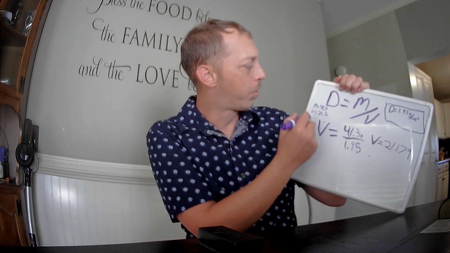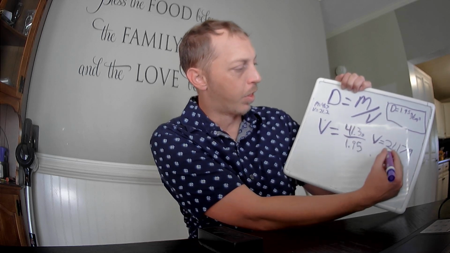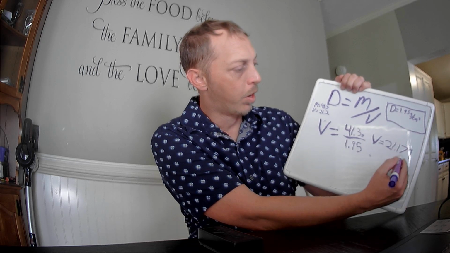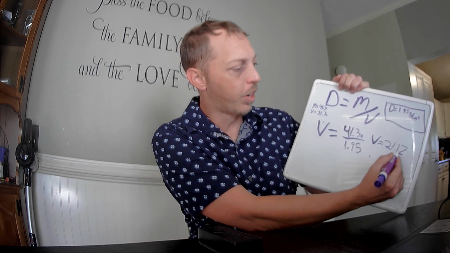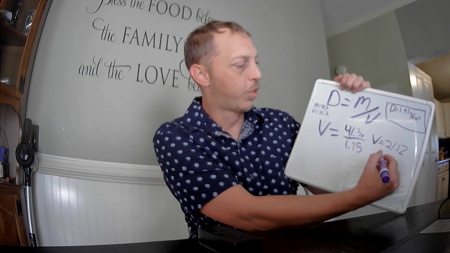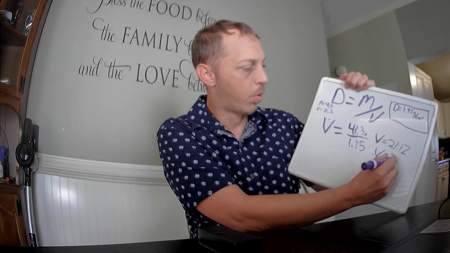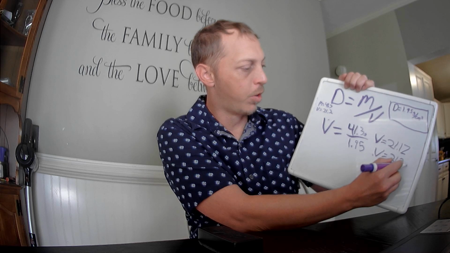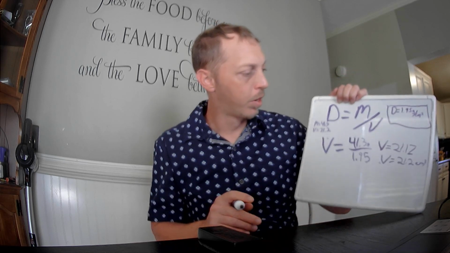All right, since I have three significant figures, I have to round it to the third, 21.1. So I'm going to take this, so I didn't need this 9 right here. Let's go ahead and get rid of it. This 21.7 here, I will round over here, which will make this 21.2 centimeters cubed.